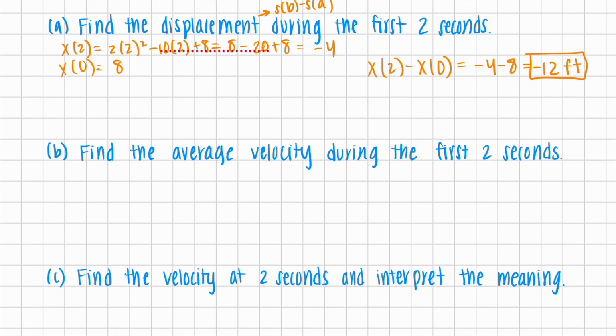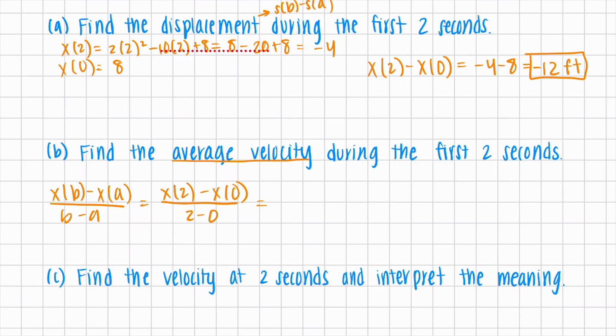Letter B says find the average velocity during the first 2 seconds. So average velocity, that is your average rate of change for your position. So that is going to be your x of b minus x of a over b minus a. So if we're using during the first 2 seconds, it's x of 2 minus x of 0 all over 2 minus 0.